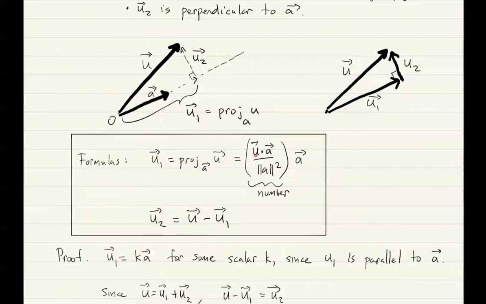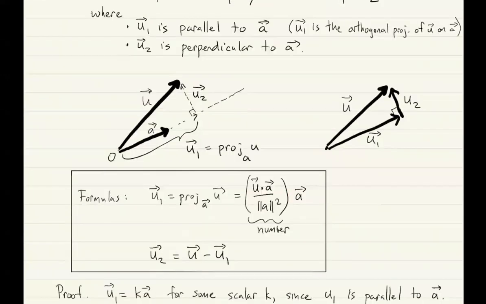You take the dot product of u and a, so that's a number, divide by the norm of a squared, that's another number. And so this whole thing is going to be a number, and then you multiply that number or scalar by this vector a to get this vector u1. And what we see here is that this vector u1 is definitely in the direction of a because it's a multiplied by a scalar.